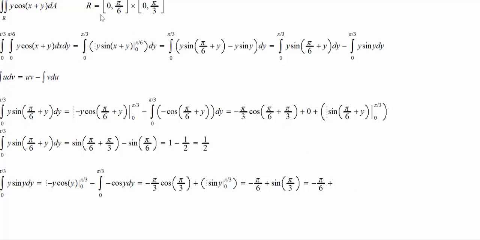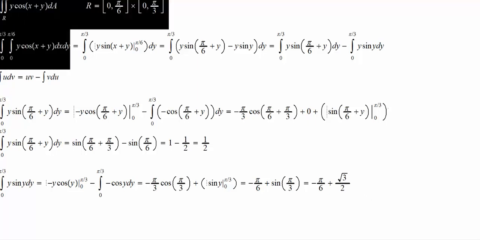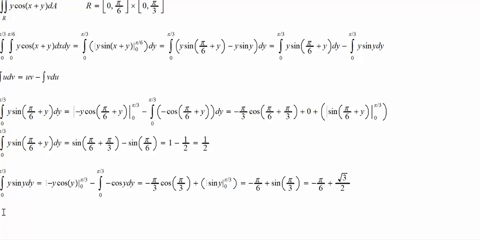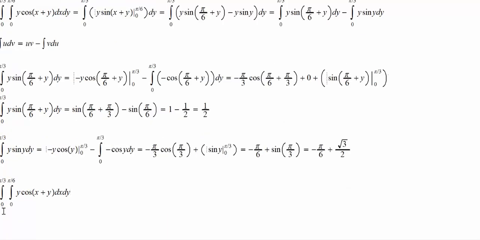And we may just finally write the values here because when we take this integral over this rectangular domain, the first integral is y sine of pi over 6 plus y, which we got as 1/2, and then we have minus the integral of y sine y over the same interval.